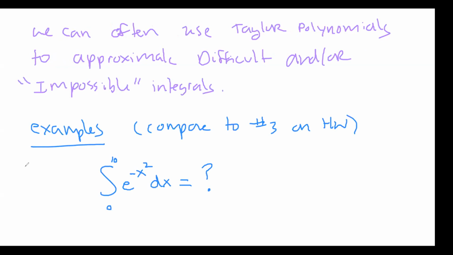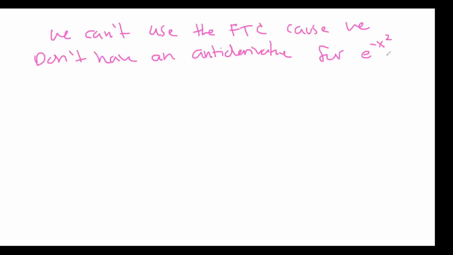All right, so remember, if we wanted to integrate this like we learned in Calculus 1, it's a no-go because we don't have an antiderivative for e to the negative x squared.